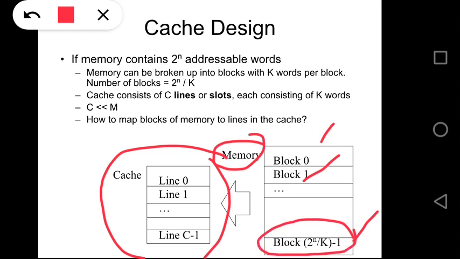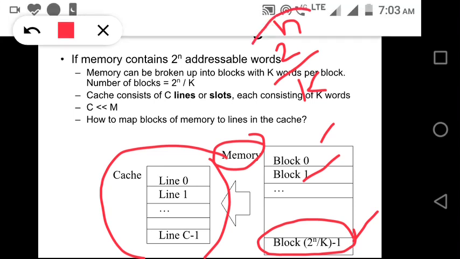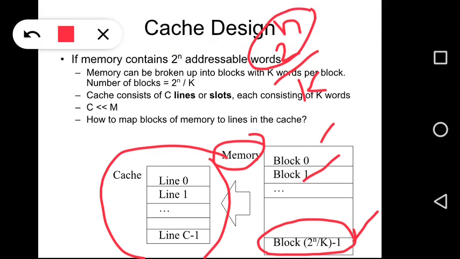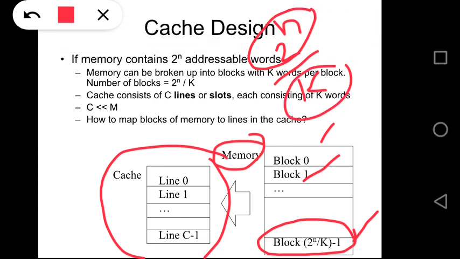You should understand this. It's very important to understand why 2 power n divided by k. I hope you understand 2 power n divided by k. 2 power n means total number of addressable words in the memory, and I grouped k words, so I get some blocks.